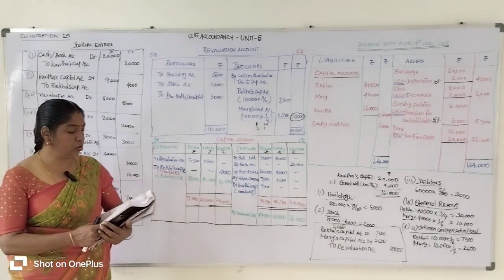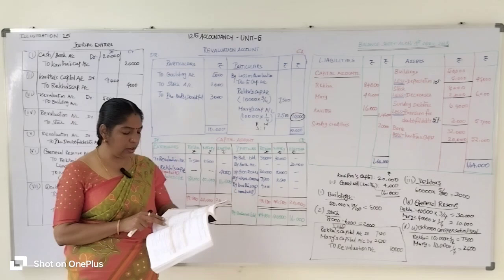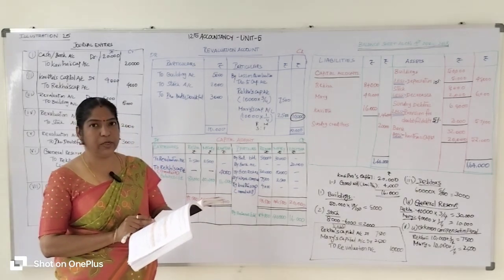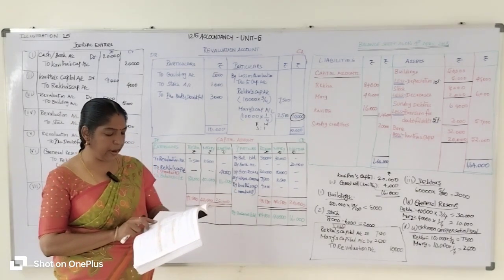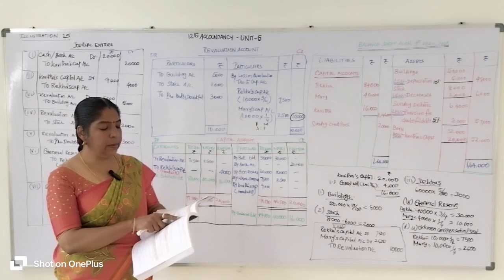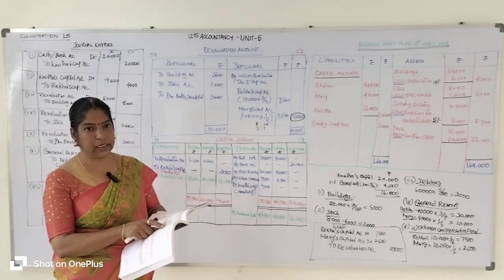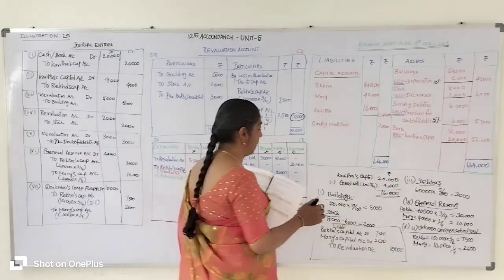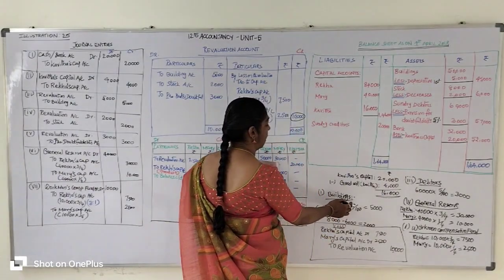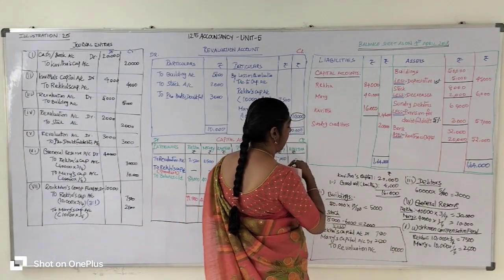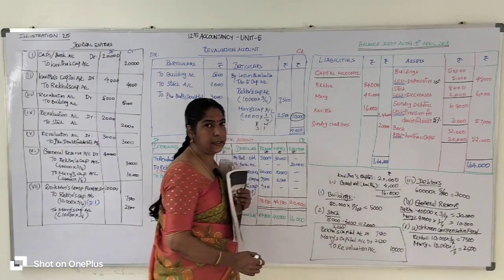We also have the building value 50,000 rupees at cost on the asset side of the balance sheet. Here the adjustment given is depreciation on building 10%. Depreciation 10% means 50,000 into 10 by 100, you will get 5,000 rupees depreciation.